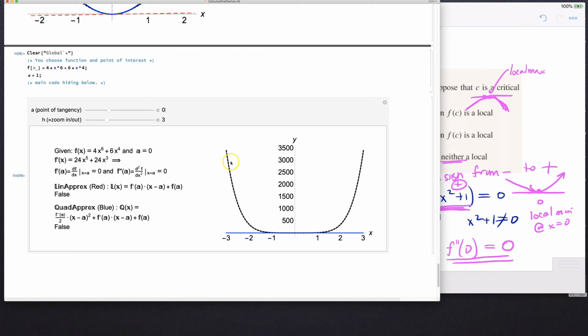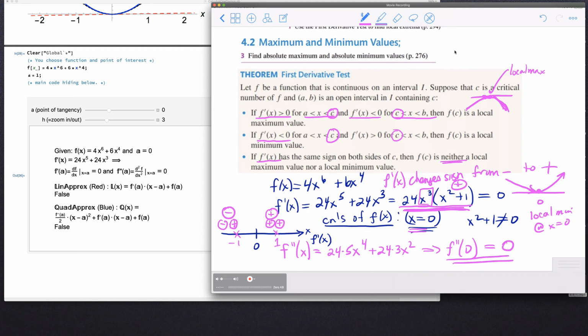And yet at the same time we can see that the function is decreasing all the way to 0, and then after 0 the function from 0 to infinity increases, and therefore we're going from decreasing to increasing, so we have to have a local minimum of our function. Okay, so that is the first and second derivative test working together.